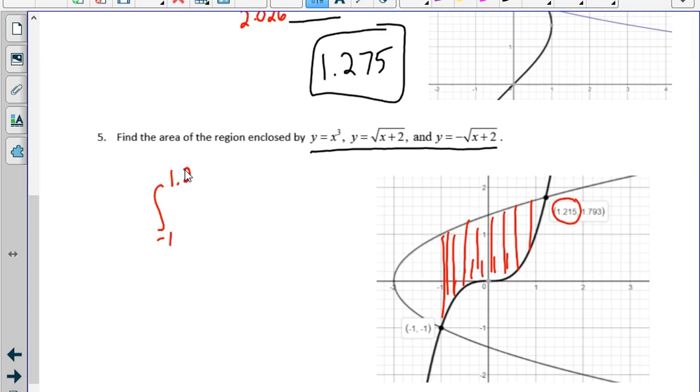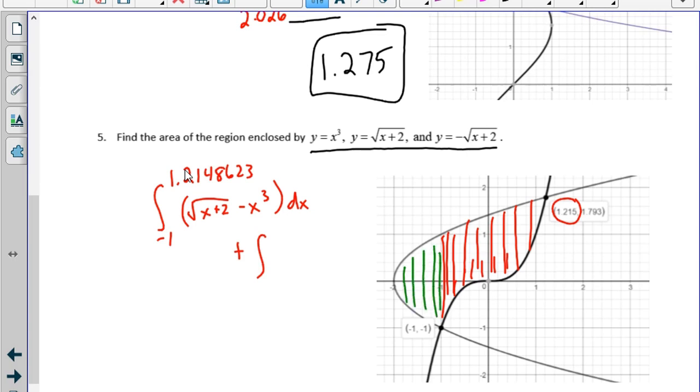So that's from -1 to 1.2148623. And that's top curve, so root x plus 2 minus x cubed dx. Then I have to add that to this other integral, top curve minus bottom curve. And so that's root x plus 2 minus negative root x plus 2.